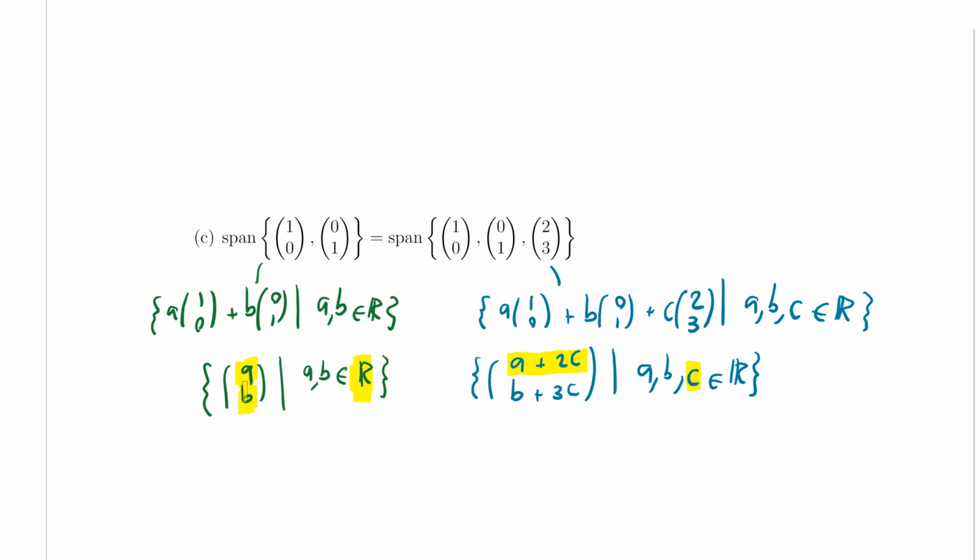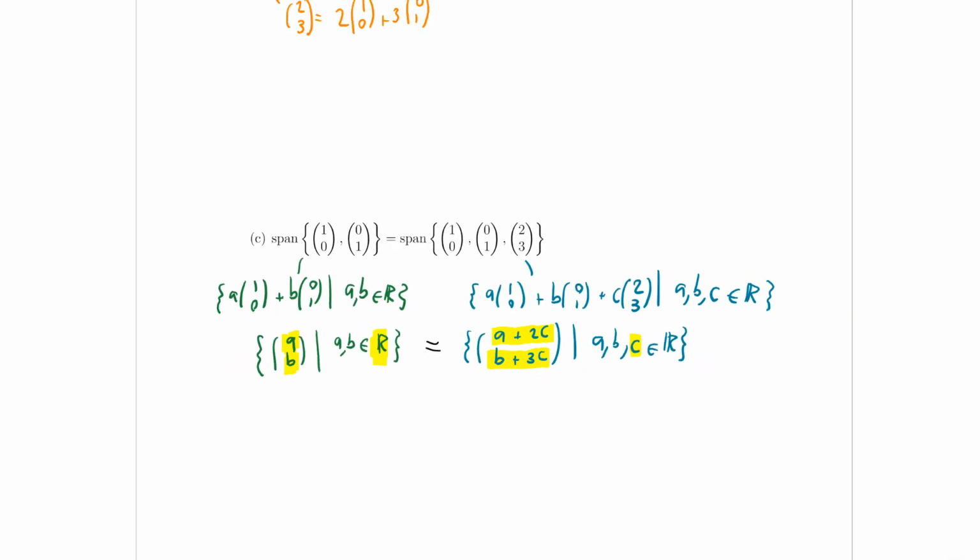And also b can be any real number, so it can take on the value b + 3c. So in other words, my right hand side is not any bigger than my left hand side, because on my left hand side, the a and b can already be any real number. So these two are the same thing.